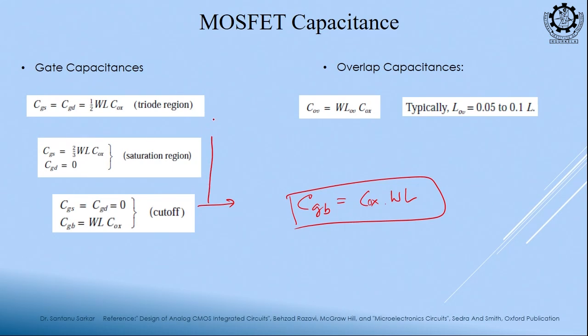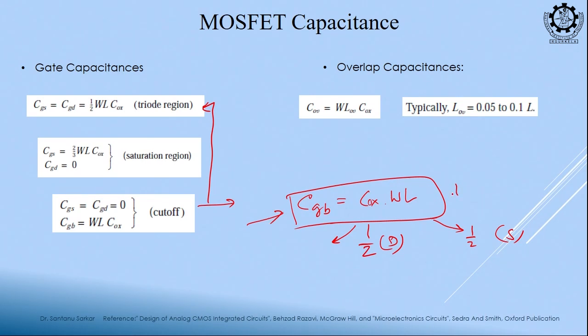Now, when this turns on in linear region, triode region, this half is coming, as if we are assuming half is there in the drain side and half is there in the source side. So, you see CGS and CGD, they are equal in triode region and their values are just half of this, because total capacitance should be like that.